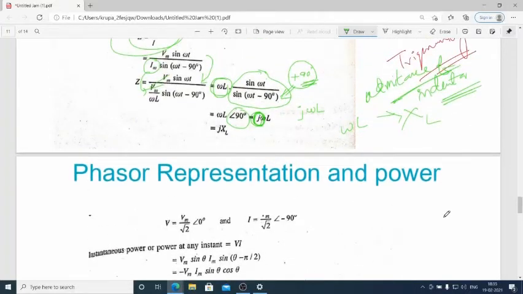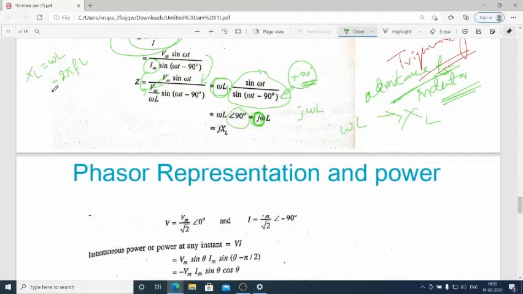So now we are moving on, before phasor representation and power, a small topic. XL is written as omega L. What is meant by omega? It is 2 pi f into L. Okay, so the purely inductive circuit opposes the flow of the current, meaning alternating current.